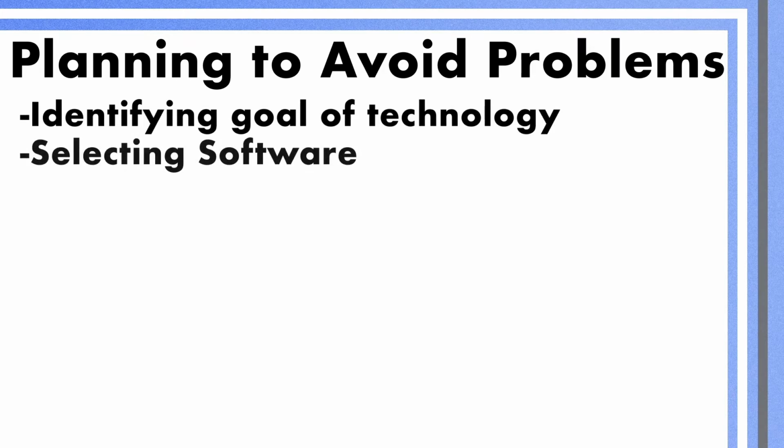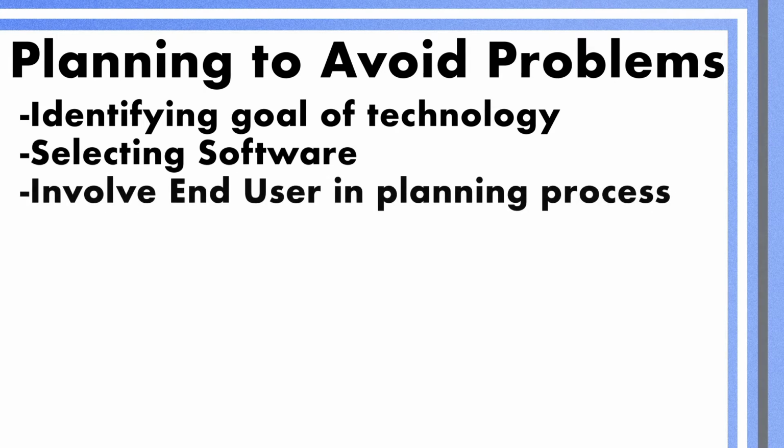And again, I can't emphasize enough the significance of involving the end user. So your nurses on your units, the providers, whoever is going to be using the system at the point of care needs to be a player in this planning process.